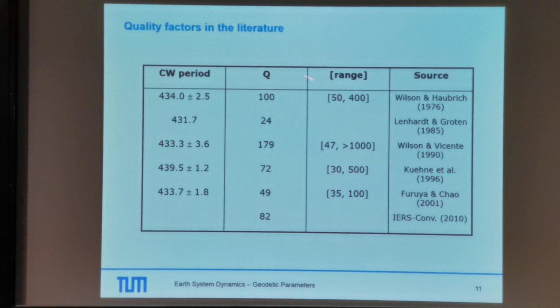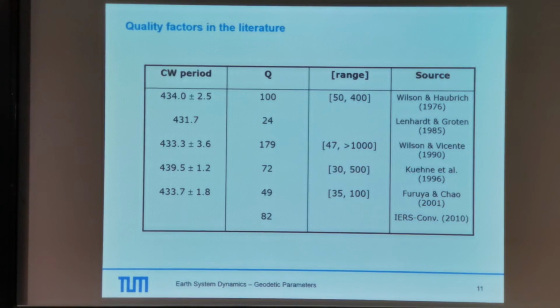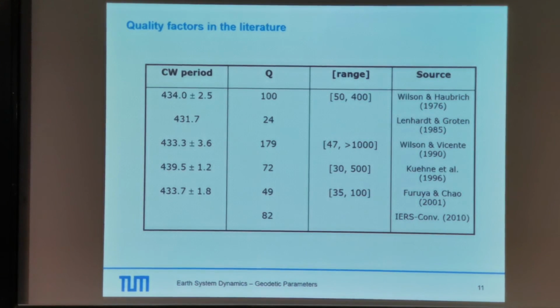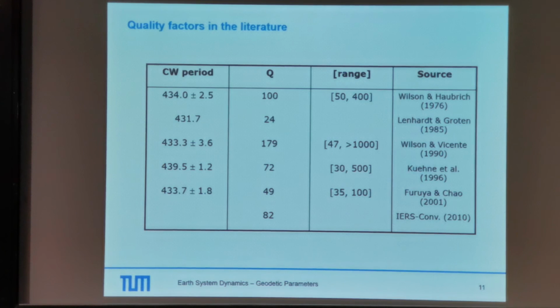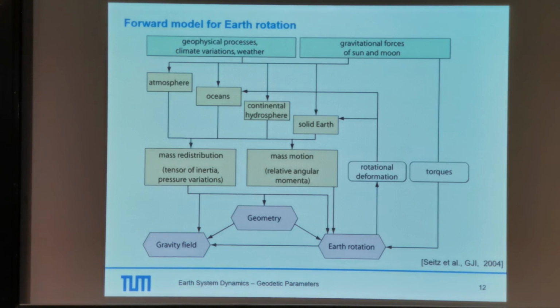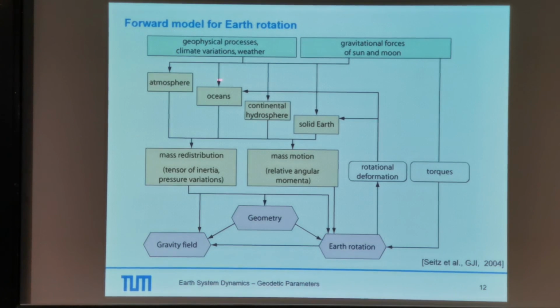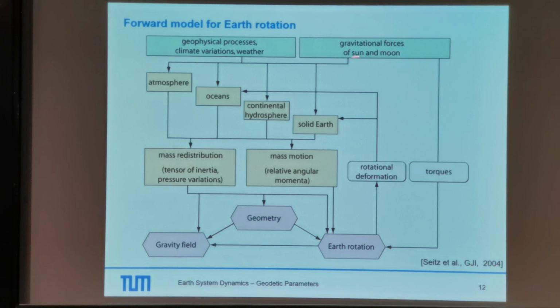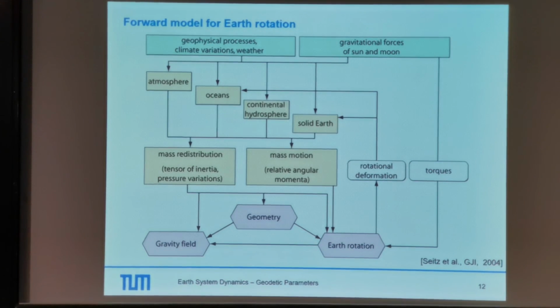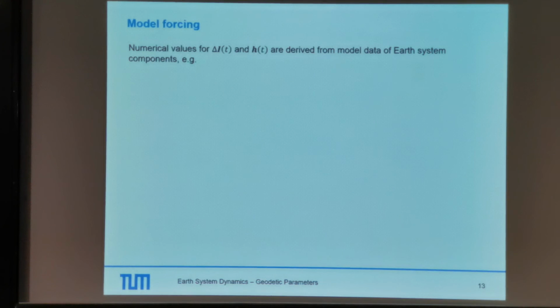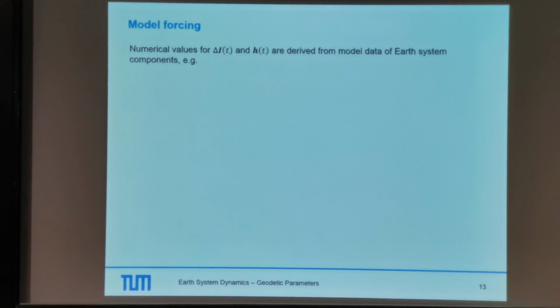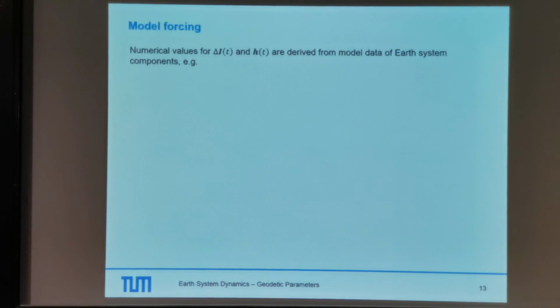So this is a result of the incompleteness of the models we have so far. For example, the rotational deformation, which causes variations of the atmosphere, is totally neglected in this model.